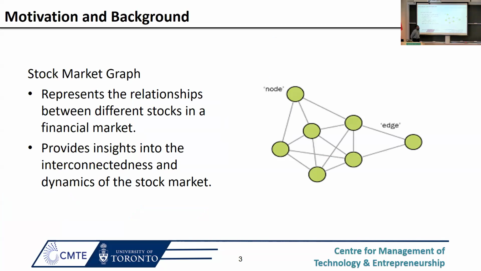This might sound like a repetition because Paz already covered most of the aspects that we're talking about. But just as a reminder, we have the stock market graph, where we represent the relationships between the stocks in a financial market. This is the crux of what we do here with the distance correlation market graph: the particular way we evaluate this relationship in a market graph is what we did this paper on.